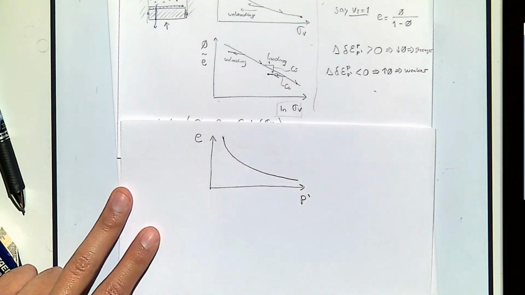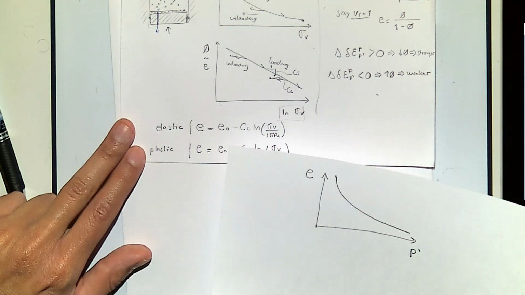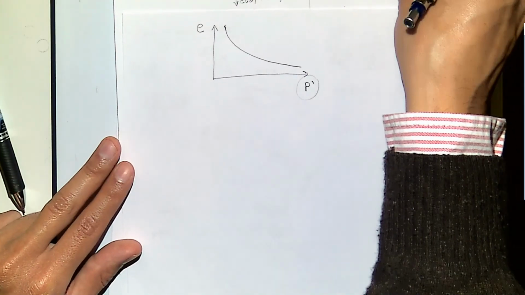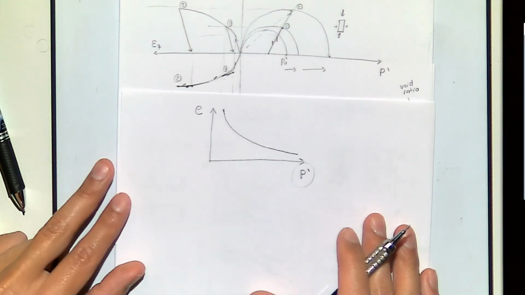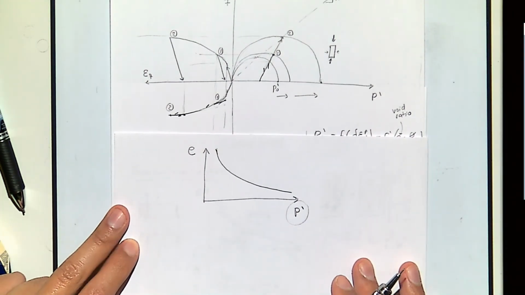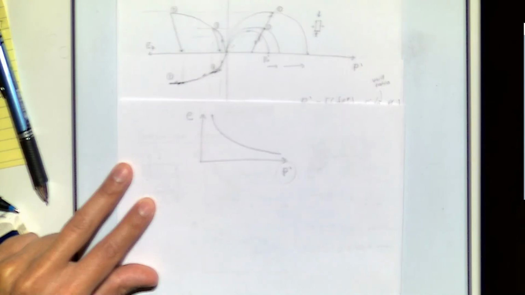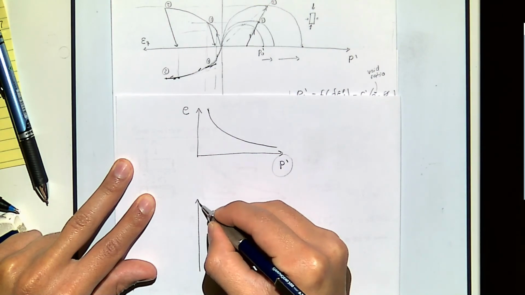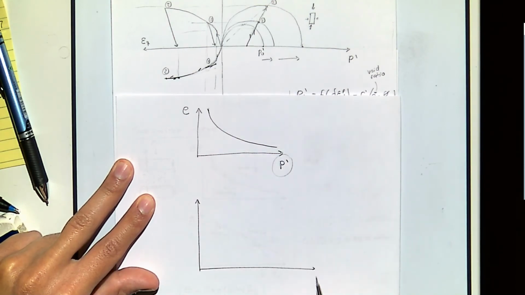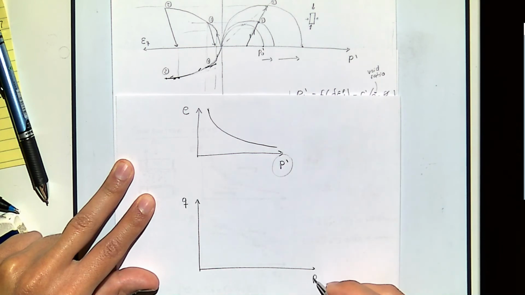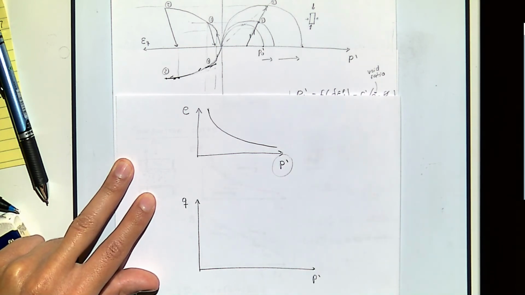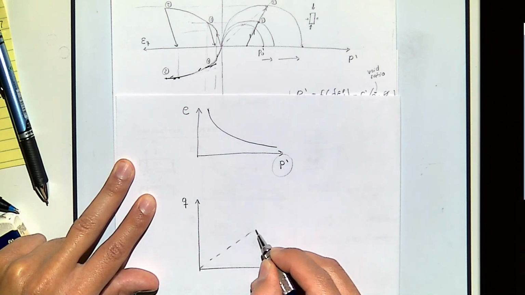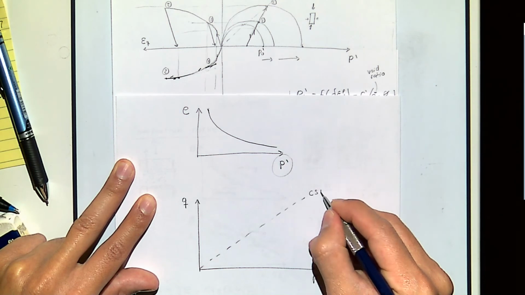All right? Okay. So now that we have that, and now we have an axis in common with this curve, let me put all of this together into one plot. Okay, so we know this one, Q as a function of P prime, and here there is going to be a line, which is going to be the critical state line.